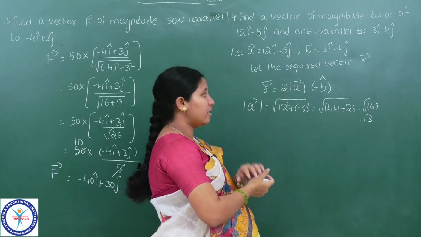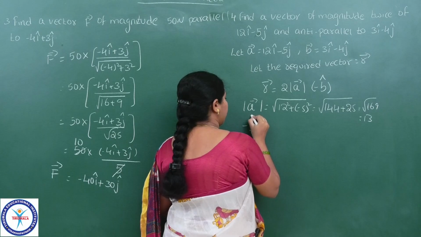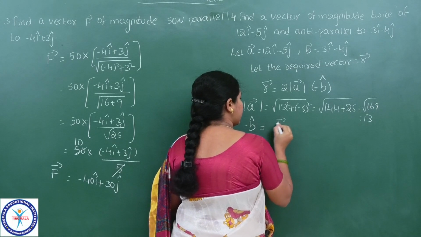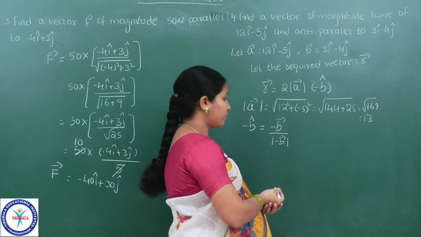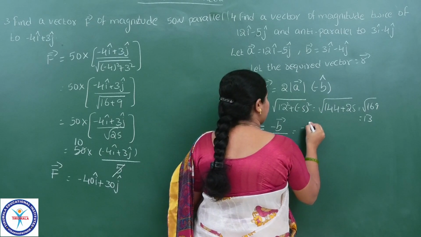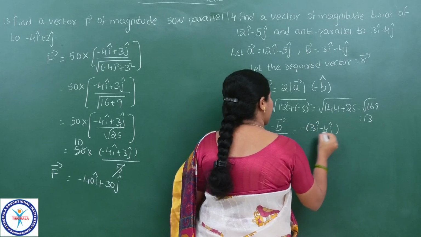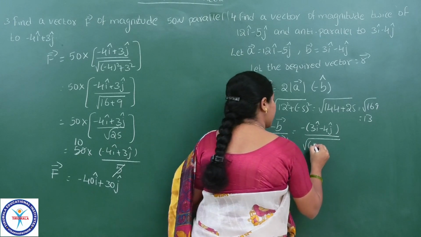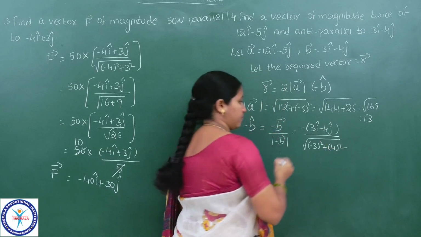Now let us find minus b cap. Minus b cap is equal to minus b bar by modulus of minus b bar. So minus b bar means minus of 3i cap minus 4j cap by modulus of minus 3 whole square plus 4 square.